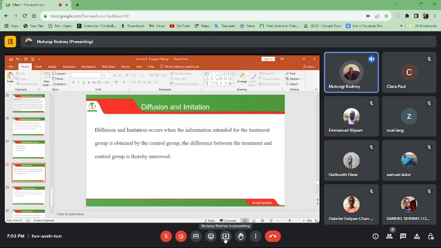So people can try to either buy that nutritious food or something close to that, or get it from the neighbors, okay? When that happens, of course, the difference between the treatment and the control group is always narrowed.